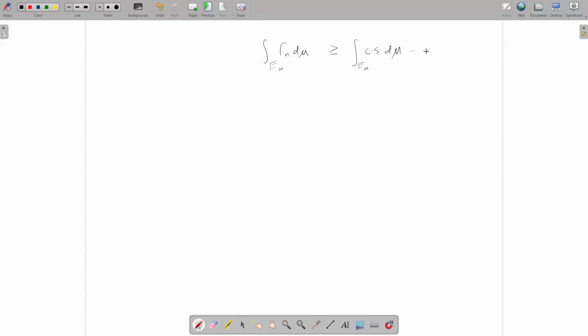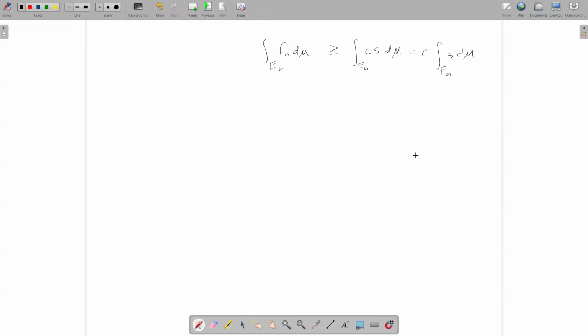And that constant can be brought out of the integral. You can easily see that from the definition of the integral of a simple function. That constant just floats as a factor in all the terms in the sum, and you can just bring it out. It's very easy to see that. So we have this.